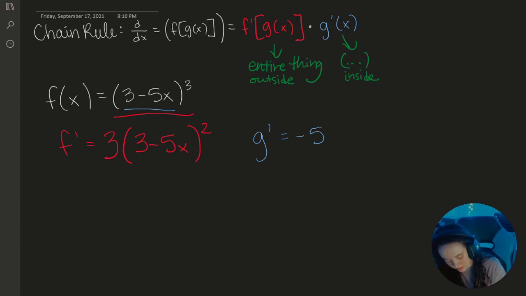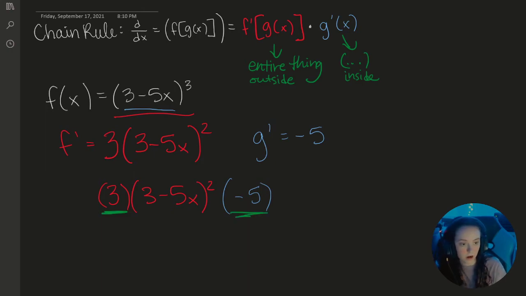Our answer will be, and this one is one of those that you can multiply out, but I'm going to write the entire thing to start with. So 3, and you can even put that in parentheses, it doesn't matter, times what we had originally times negative 5. These two right here can combine because they are by themselves.